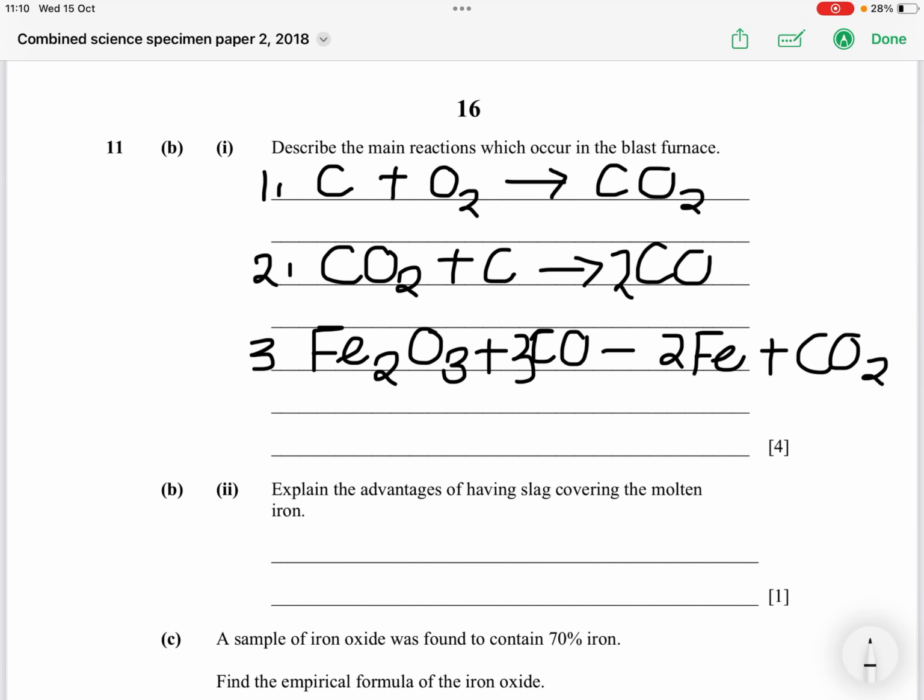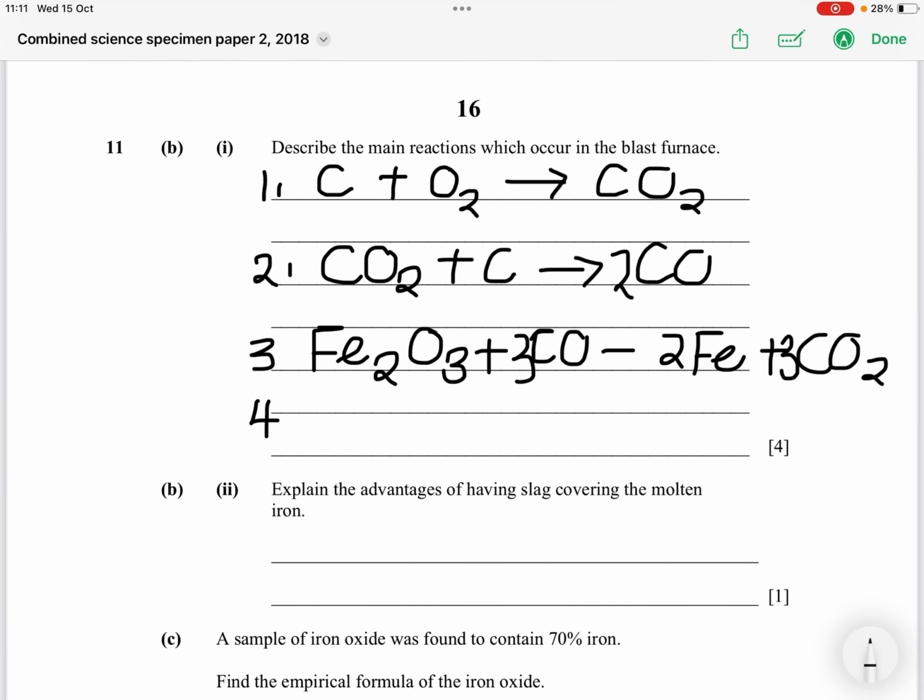Make sure that you understand how to balance this equation: 1 mole of iron ore reacts with 3 moles of carbon monoxide for us to get 2 moles of iron and 3 moles of carbon dioxide. So this is the third equation.